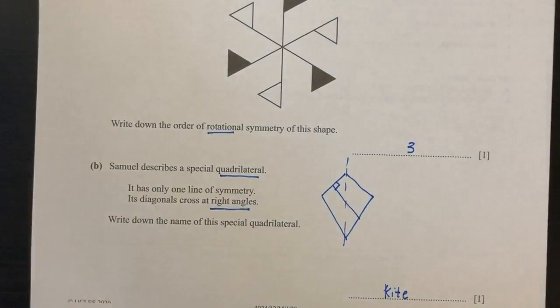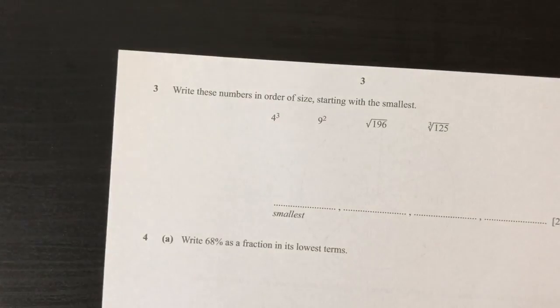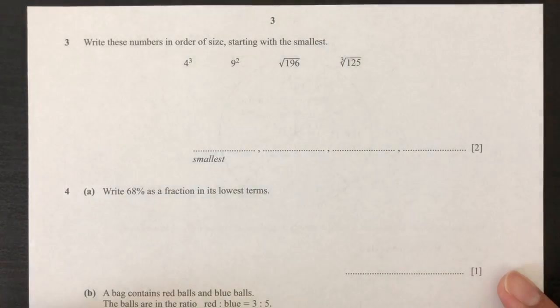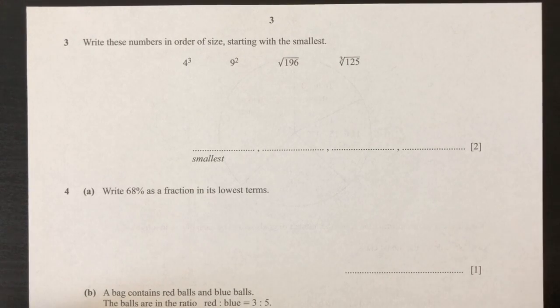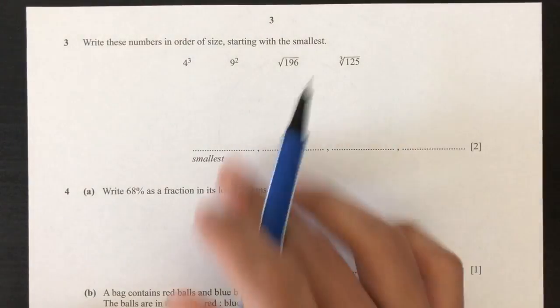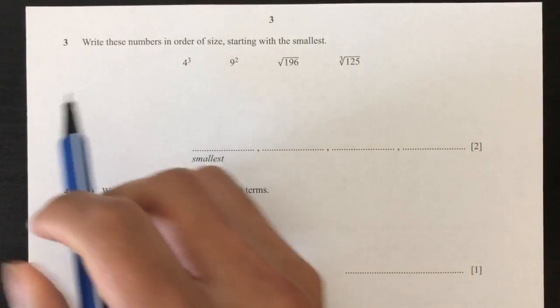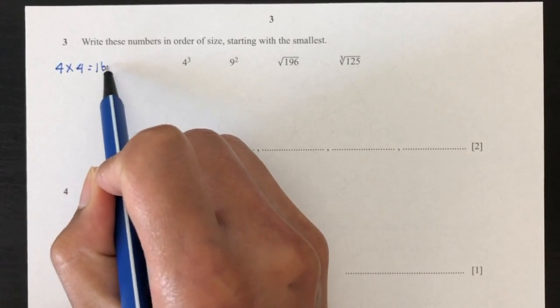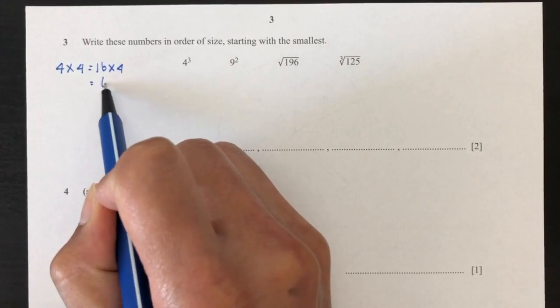Okay. Now let's move on to question number 3. Write these numbers in order of size, starting with the smallest to the largest. So let's see what we have here. We can first find the value of each of them. So 4 times 4 times 4, we know that 4 times 4 is 16, and 16 times 4 is 64.